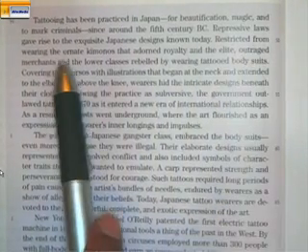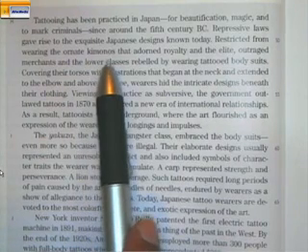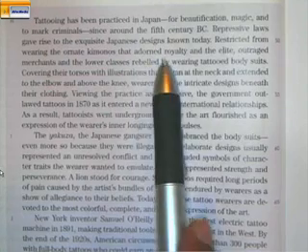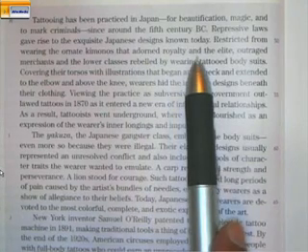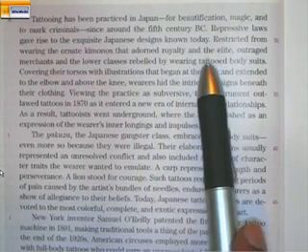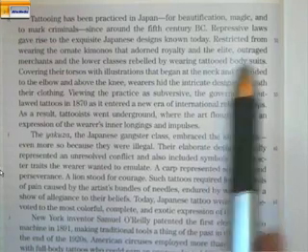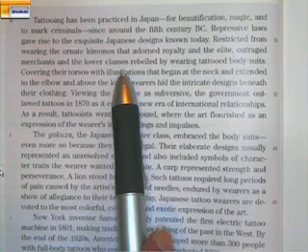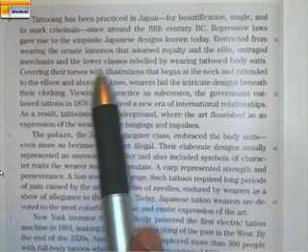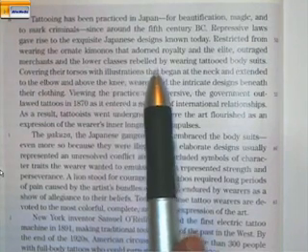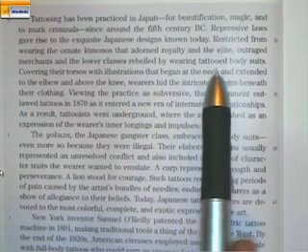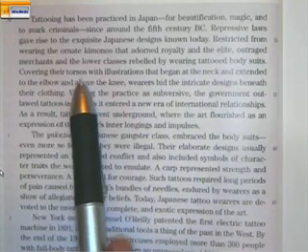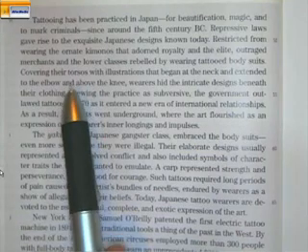Restricted from wearing the ornate kimonos that adorned royalty and the elite, the lower classes rebelled by wearing tattooed bodysuits, covering their torsos.